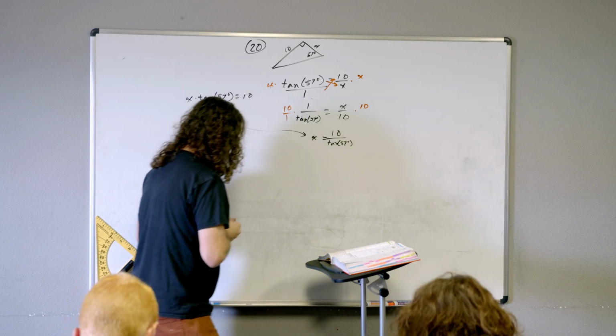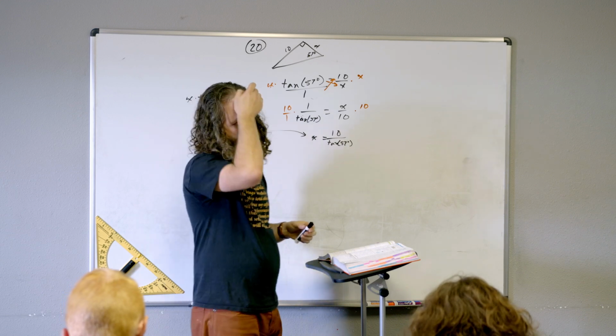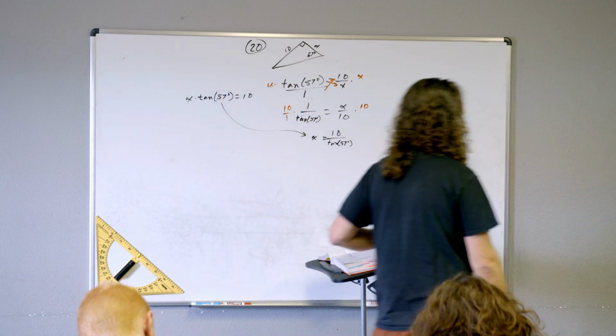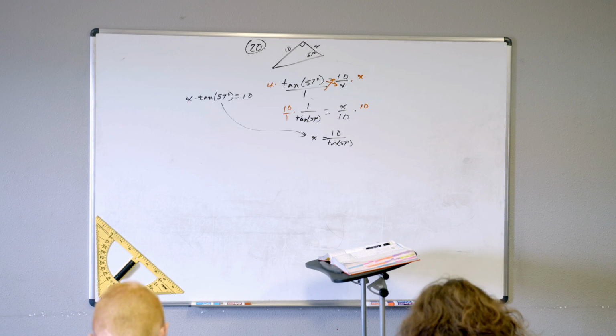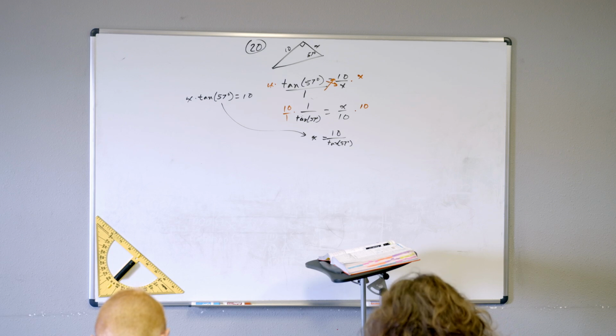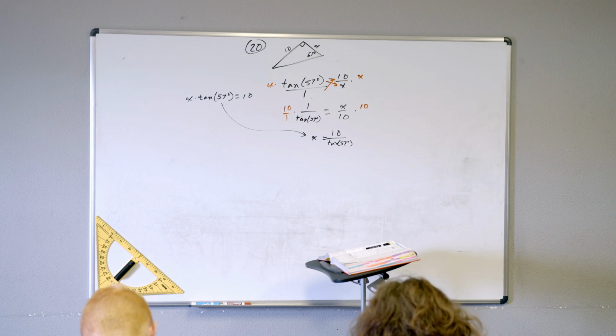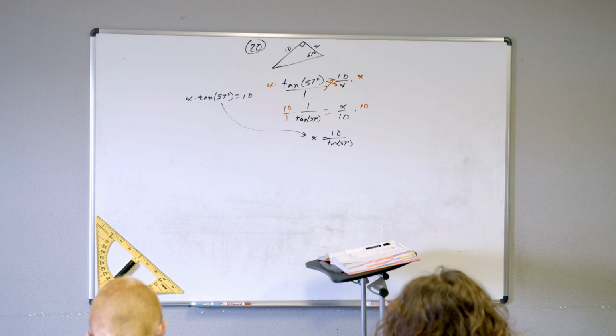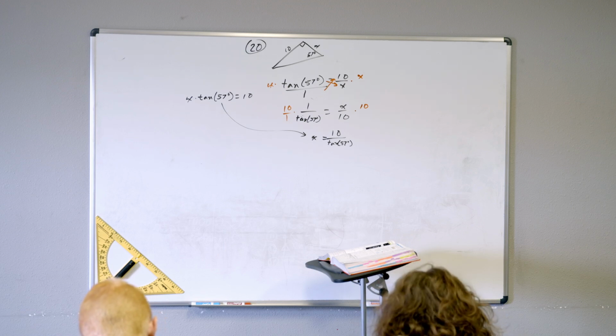Easy money. How do we put our calculators in degree mode? It's going to be under the mode menu. There's almost certainly a mode menu. Did you find it? No. Okay, in here, maybe setup. Yeah, I was right.